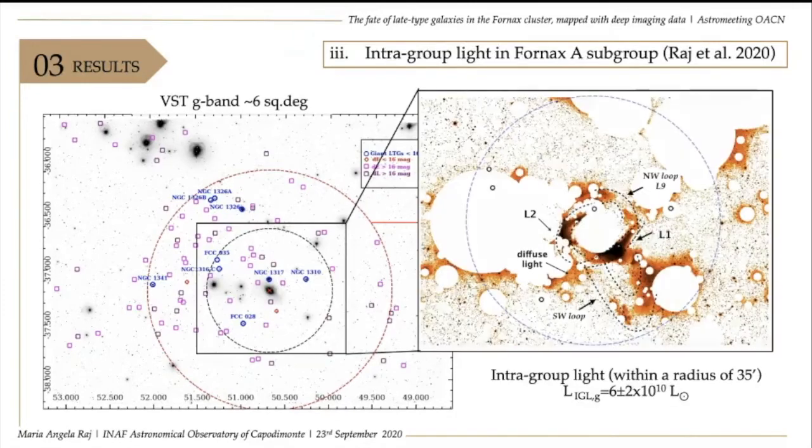We estimate the intragroup light in this region here. What we do is model the stars and bright galaxies and subtract them from the image. We're left with these faint structures of NGC 1316, and we estimate the intragroup light here. To understand the buildup of the IGL, it's important to know the formation history of NGC 1316.